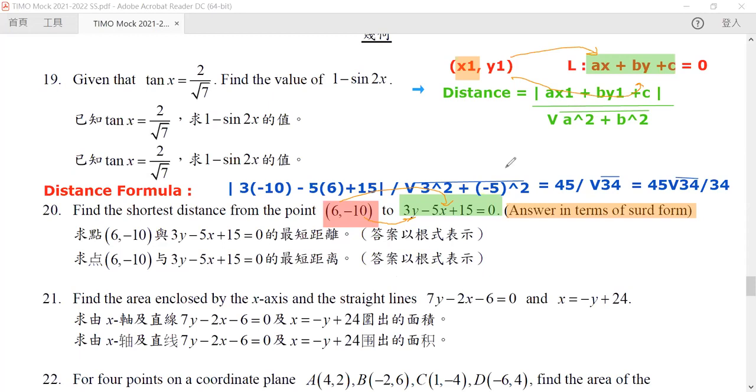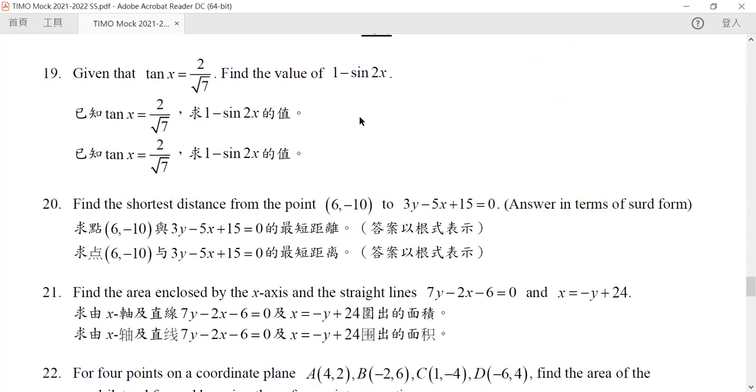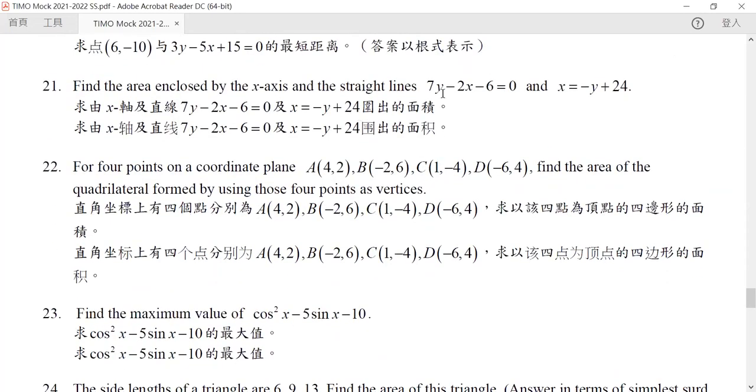Okay, let us look into question 21. Find the area enclosed by the x-axis and these two straight lines. Now, whenever we see this kind of question, there are two major methods that you can use. The one that I would recommend is that you try to draw out the diagram first.